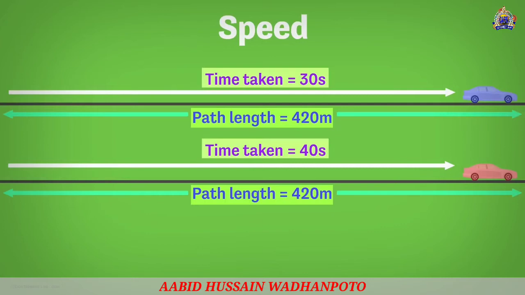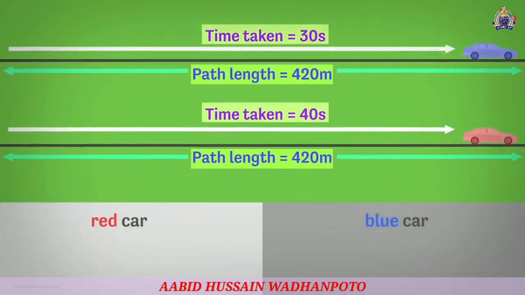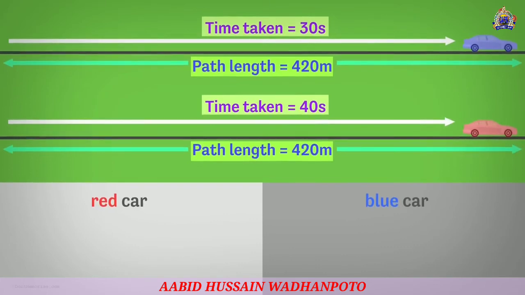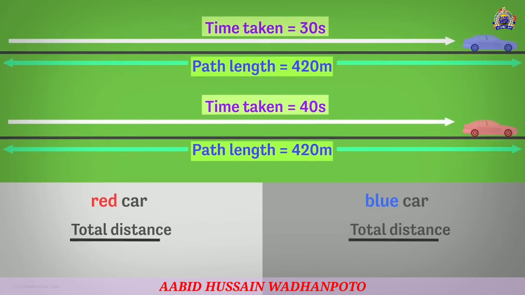We do not change the distance; we are only watching which body has taken more time and which less time than the other. So which object was moving with more speed, the red car or the blue car?